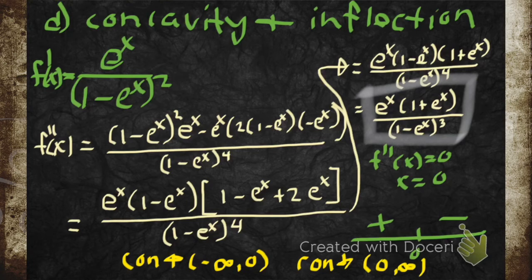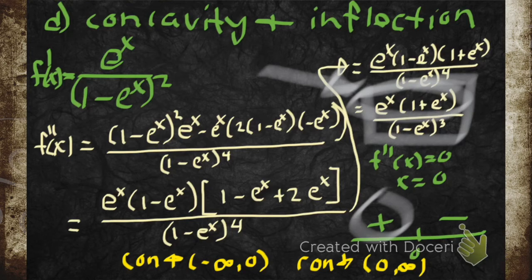Now again, this numerator is never equal to 0. Why? E to the x is not 0, so then when we add 1 to it, it's not 0. And that denominator does equal to 0 because 1 minus e to the x equals 0 when x is 0. So we're testing this muffin, that one, boom. And we find that our derivative is positive on the left side of 0, and it's negative on the right side of 0.